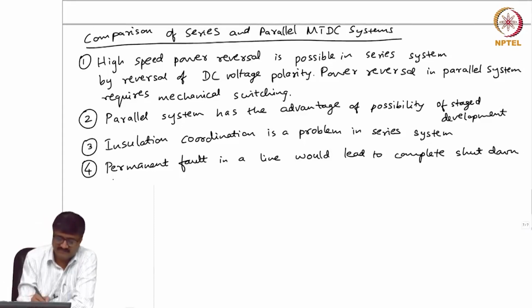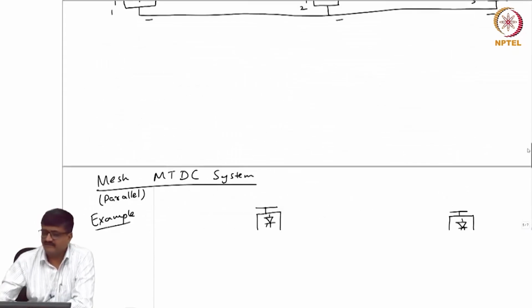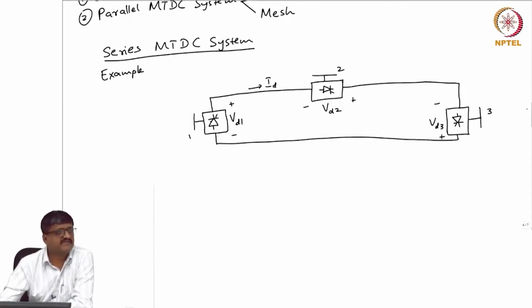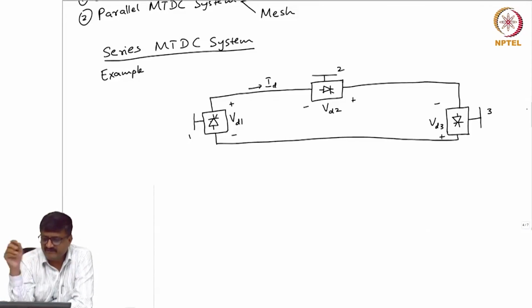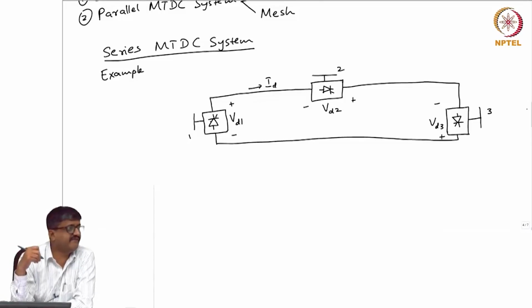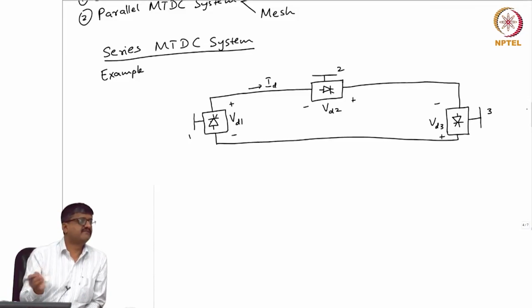Now, why is this happening? If you look at this example of series, if there is a complete shutdown, then you can't operate the system because you need each of these components. Suppose you take the wire between converter 1 and 2, wire between 2 and 3 or 3 and 1, all these wires are required for the entire operation of the system. Even if one wire is not working, the series system does not work.